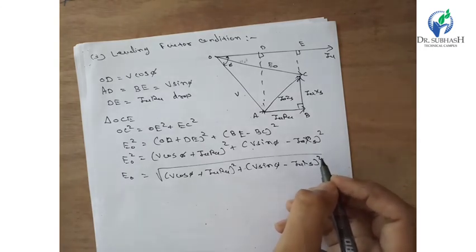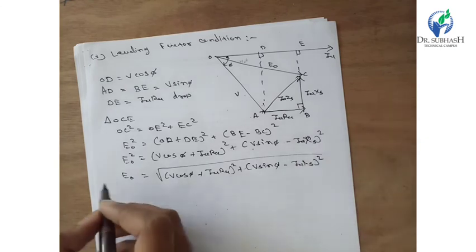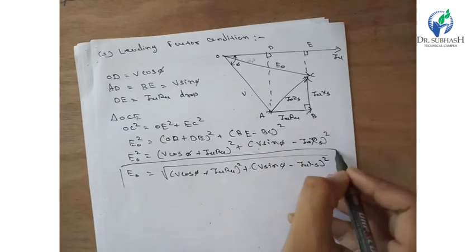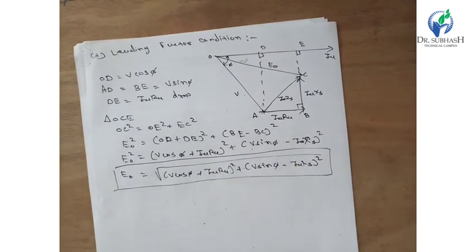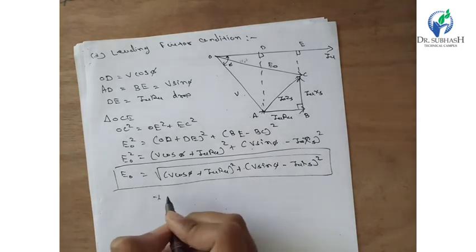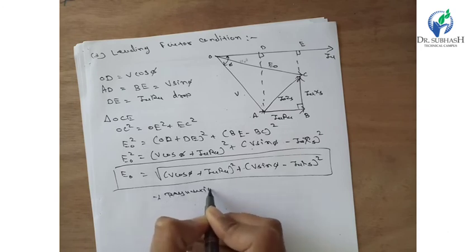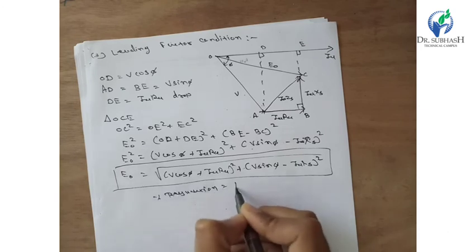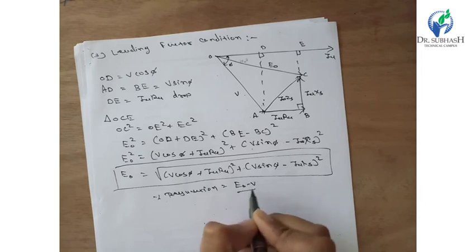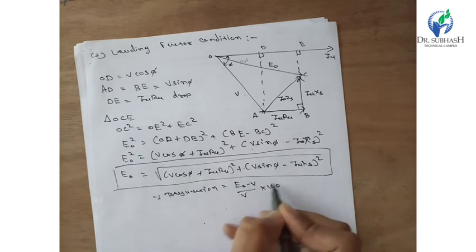So E0 is equal to root of (V cos phi plus Ia into Ra) square plus (V sin phi minus Ia into Xs) square, with the inductive drop and the resistive drop in the equation. This equation is for the leading power factor connection. The percentage regulation is E0 minus V upon V into 100.